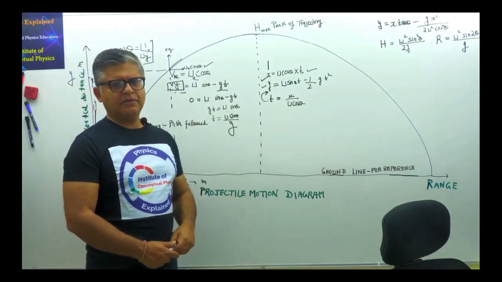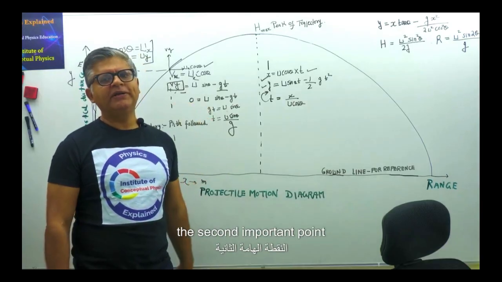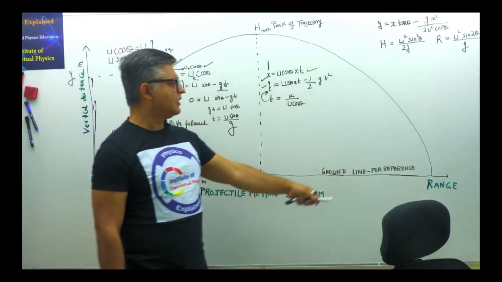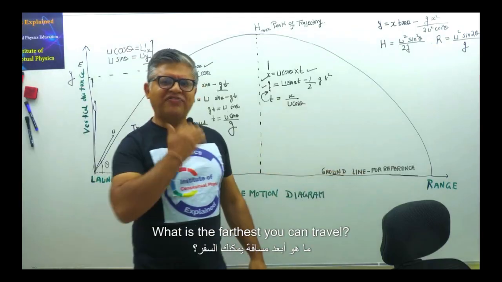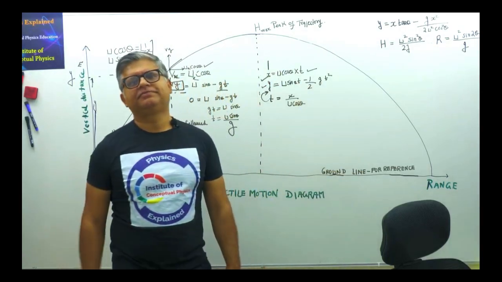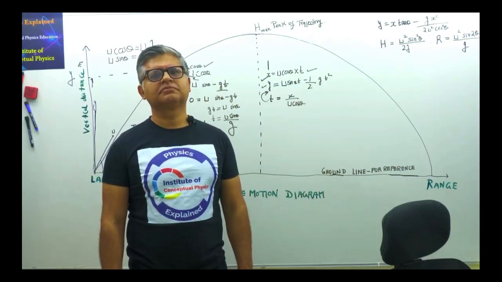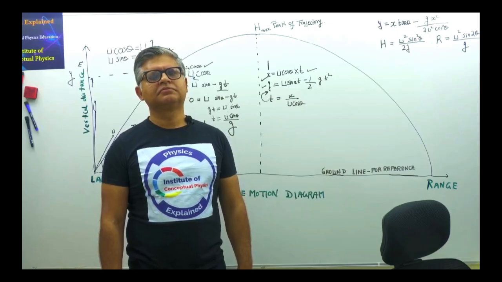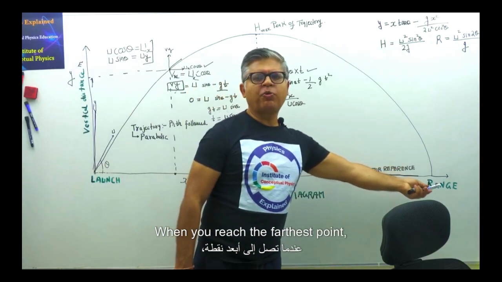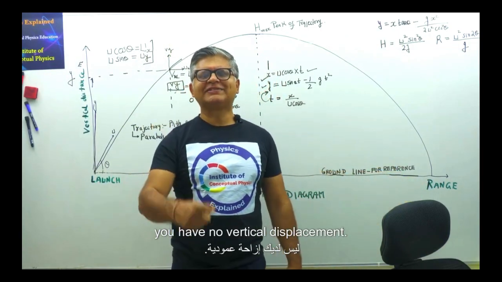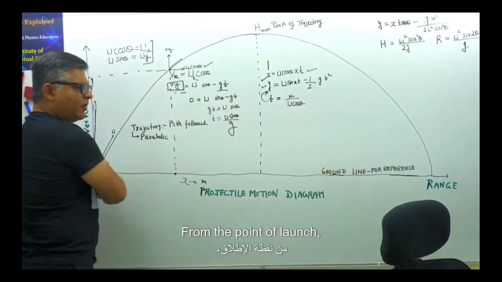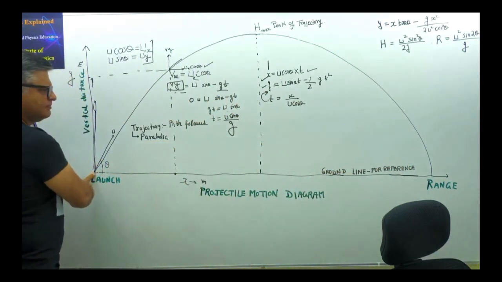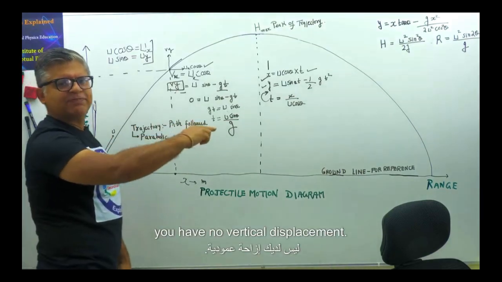And then the second important point is this, okay? The range. What is the farthest you can travel? When you reach the farthest point from the point of launch, you have no vertical displacement.